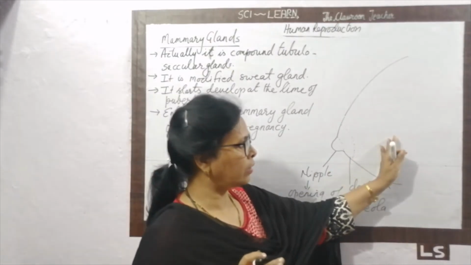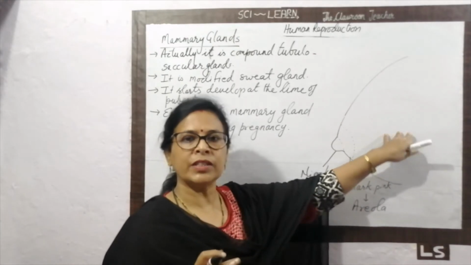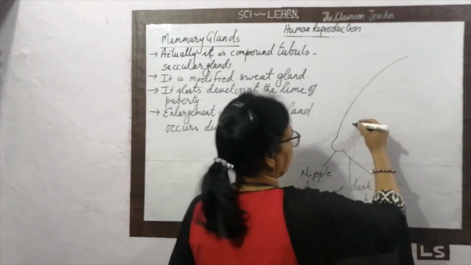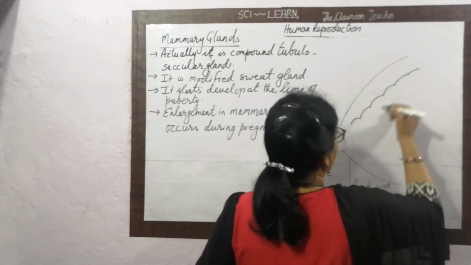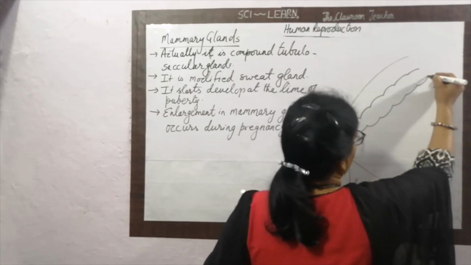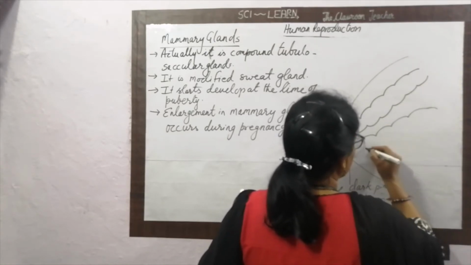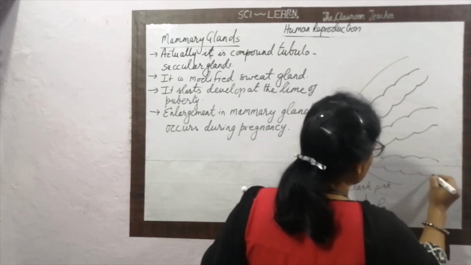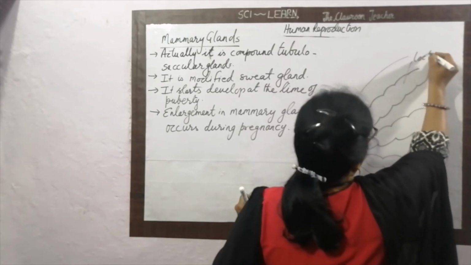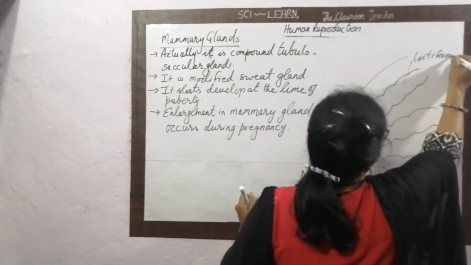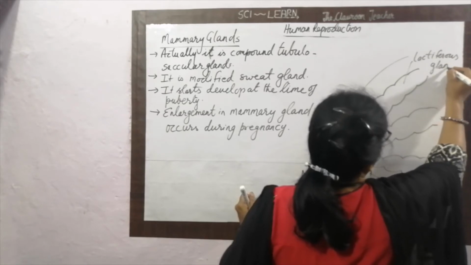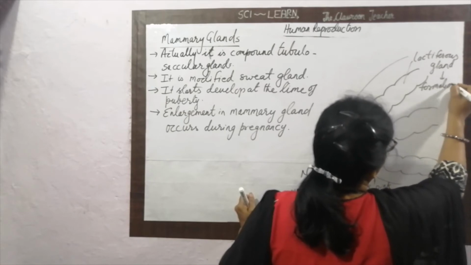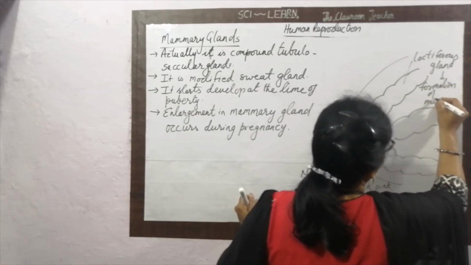Inside this areola, this part is the glandular part, which is composed of tubes as well as some glands. These are called the lactiferous glands. They are responsible for the formation of milk at the time of lactation.